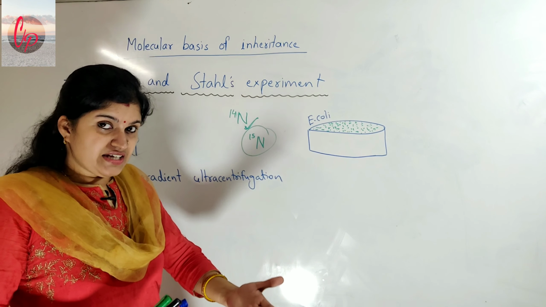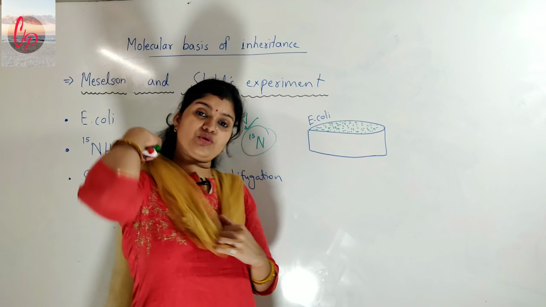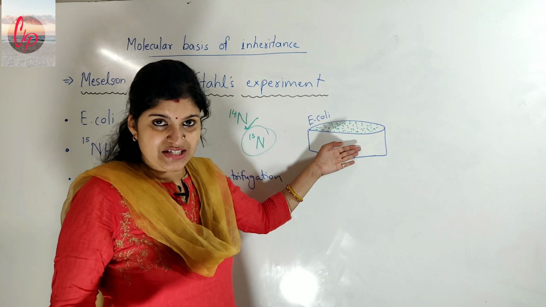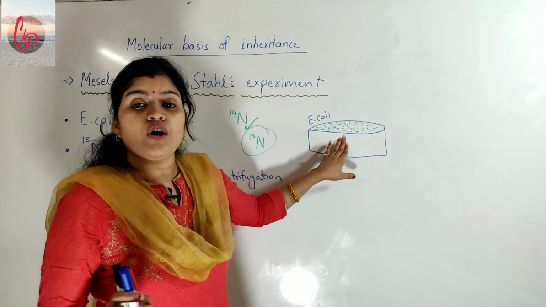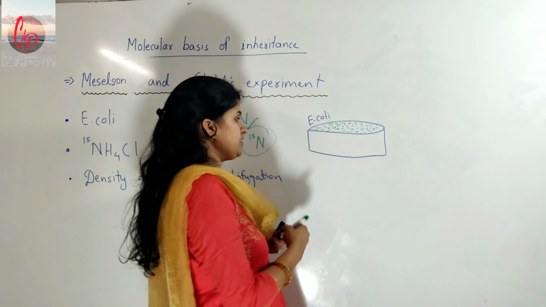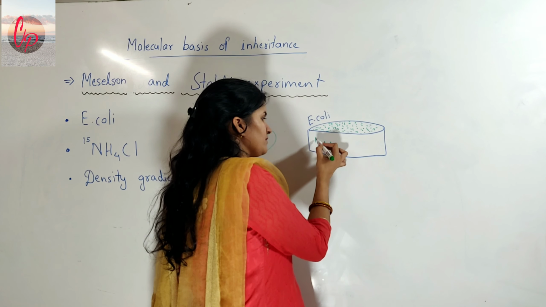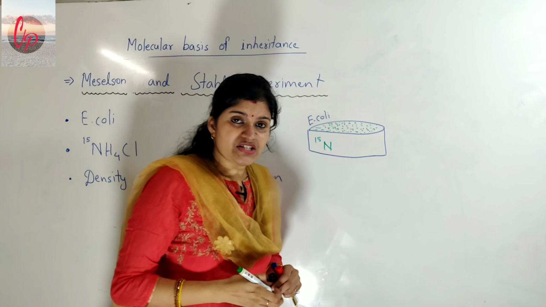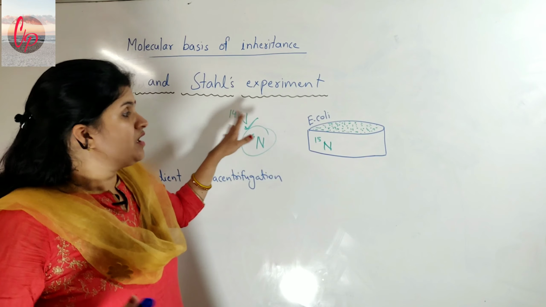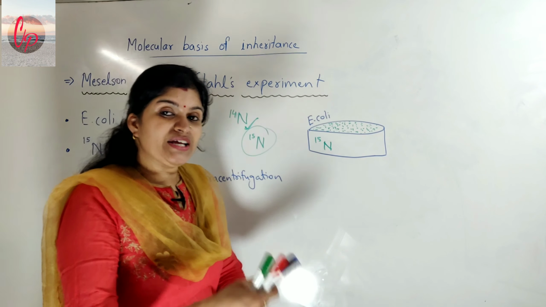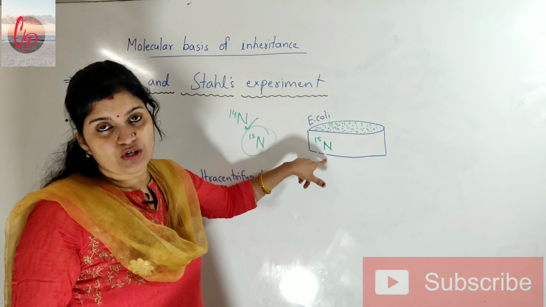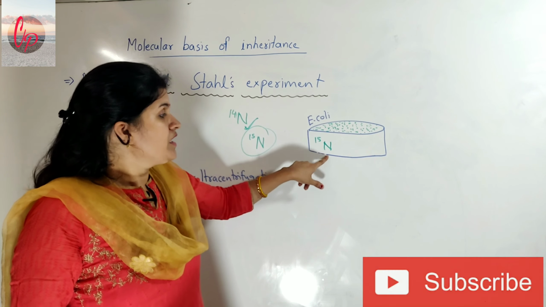But for the new generations to come, which are produced after the division of the bacteria, they were not getting N14 because only N15 was present here in this culture plate. So bacteria which were used for the first time had N14, but the bacteria produced in the upcoming generations will only get N15 for their growth.